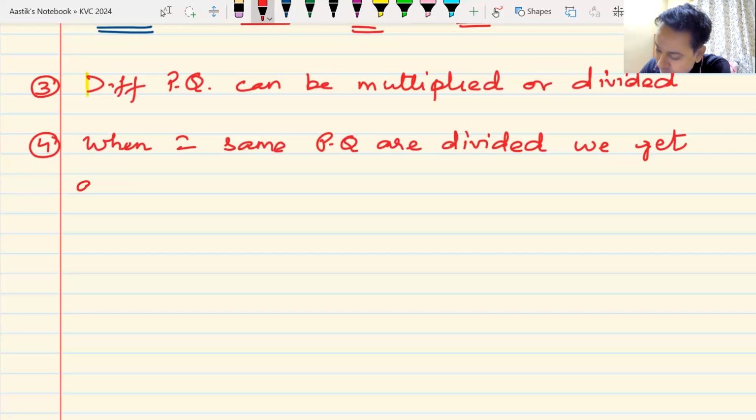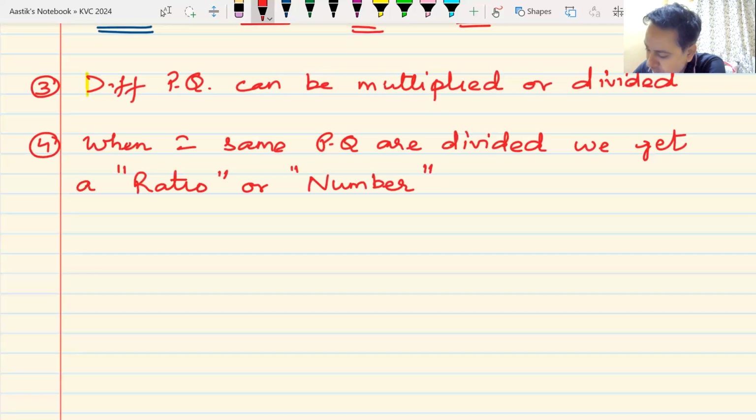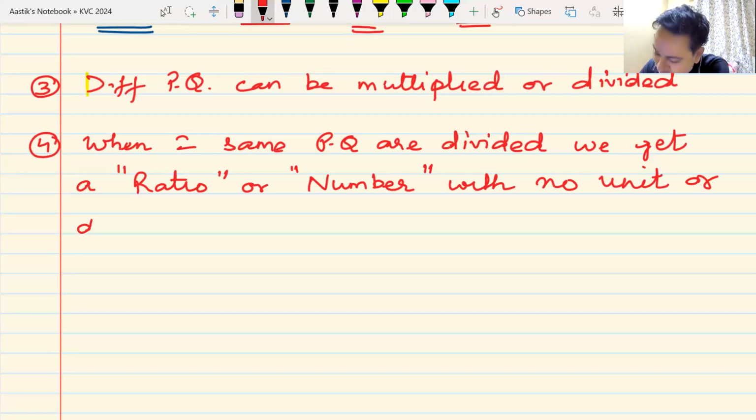We get a ratio or number. We will get simply a ratio or number with no unit or dimension. We will simply get a number, and this number will not have any unit or any dimension.